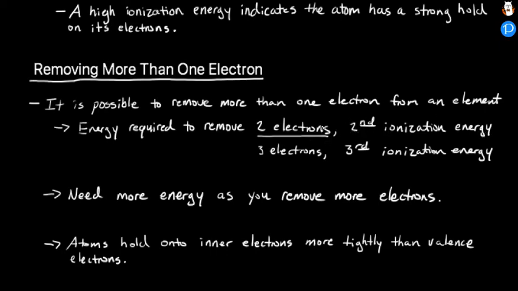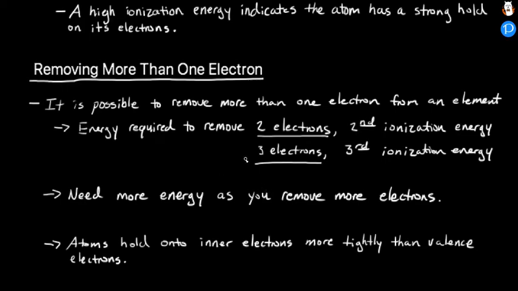If I wanted to remove a third electron, that would be the third ionization energy, and so on and so forth. 4 electrons would be the fourth ionization energy, and we would keep going from there. But with each successive electron that I need to remove, I need more energy to remove each one.